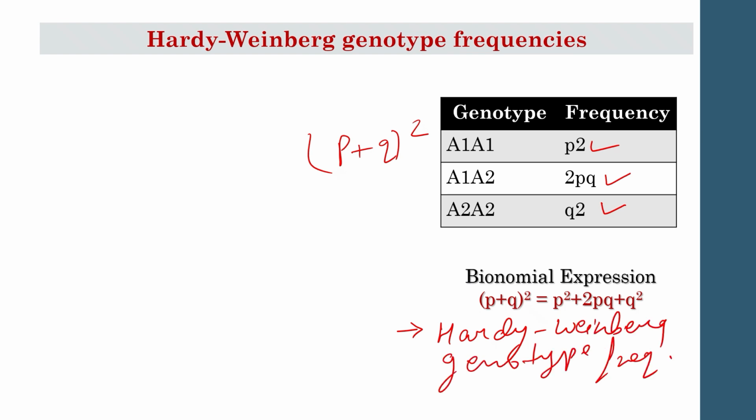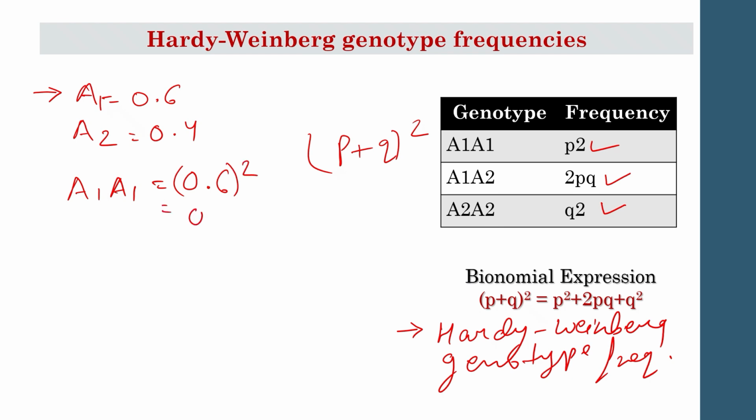Now we will predict the genotype frequencies. From our previous video, we have calculated the allele frequency of A1 as 0.6 and A2 as 0.4. So what will be the A1 homozygous genotype frequency? That will be 0.6 whole squared, that is 0.36.